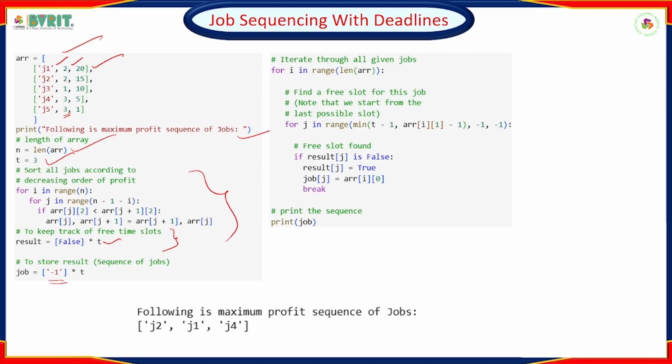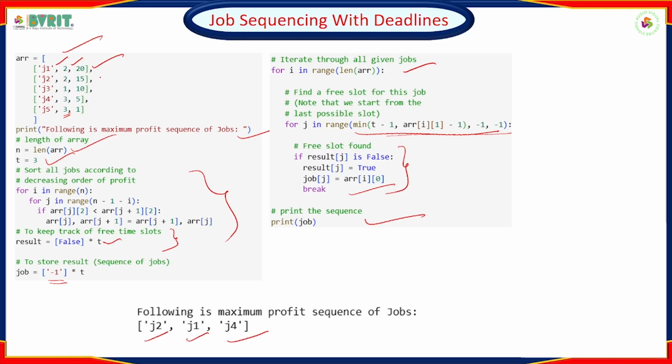Now iterate over all the jobs, for i in range of length of the array. We find the slot for the job, find the free slot, and the condition breaks, then print the job. The elements in profit sequencing are J2, J1, J4.